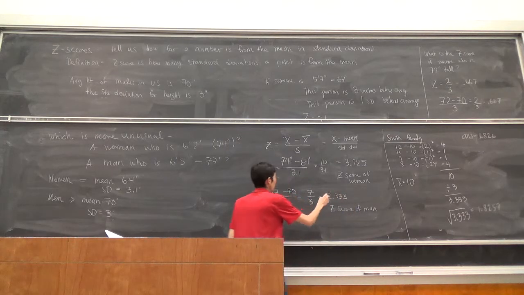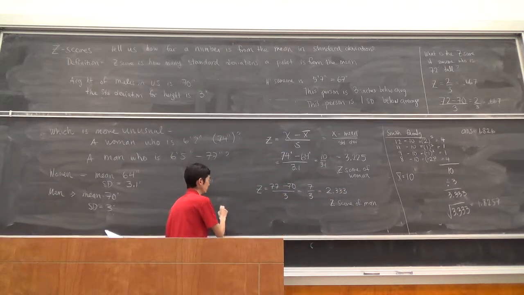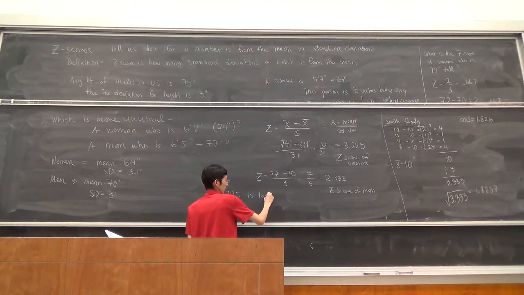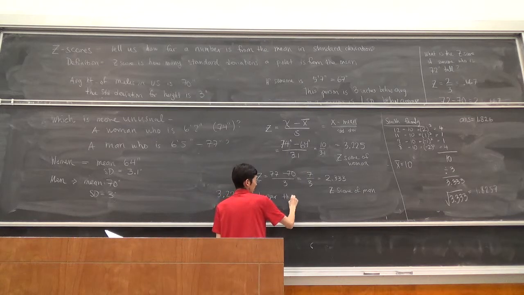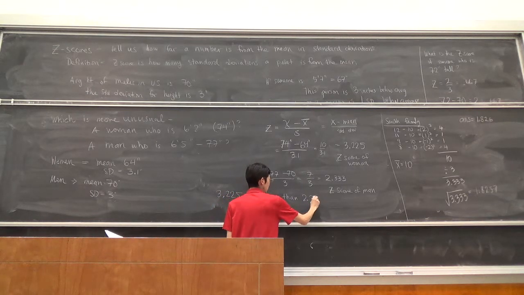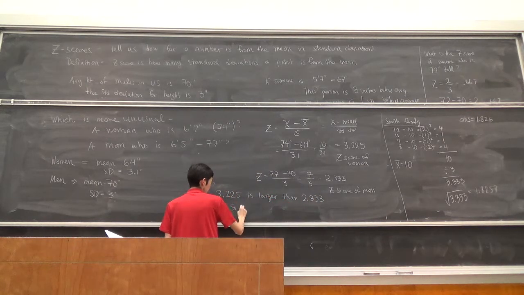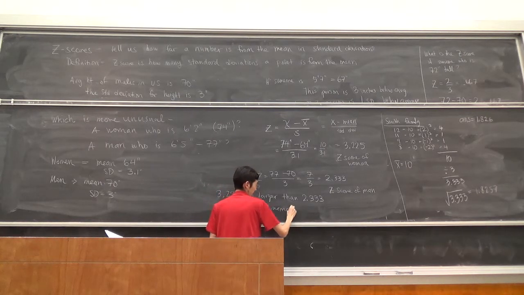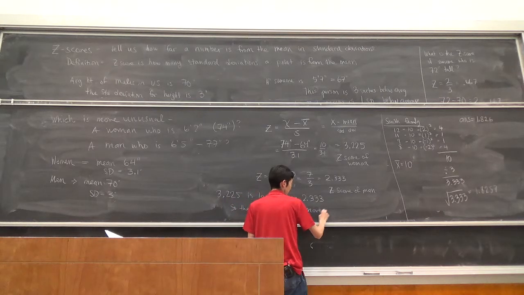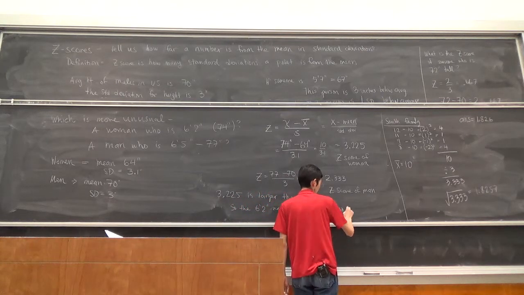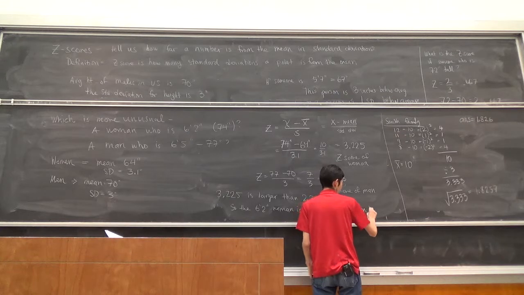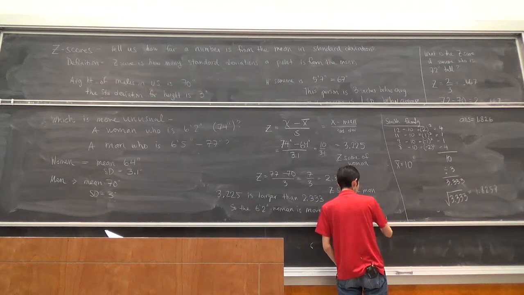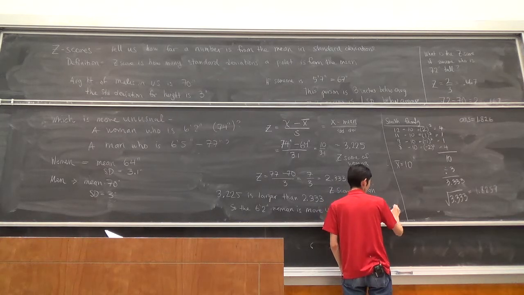So 3.225 is larger than 2.33. So the 6'2" woman is more unusual than the 6'5" man.